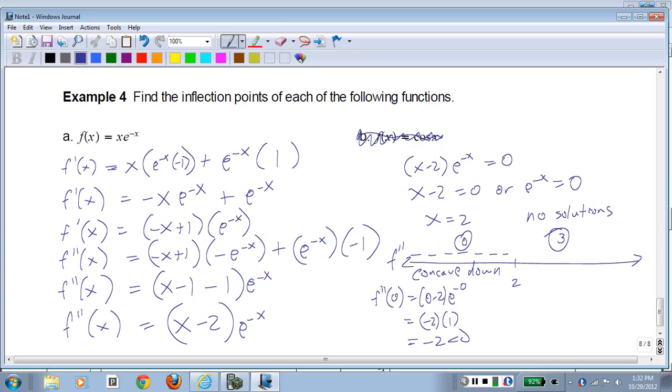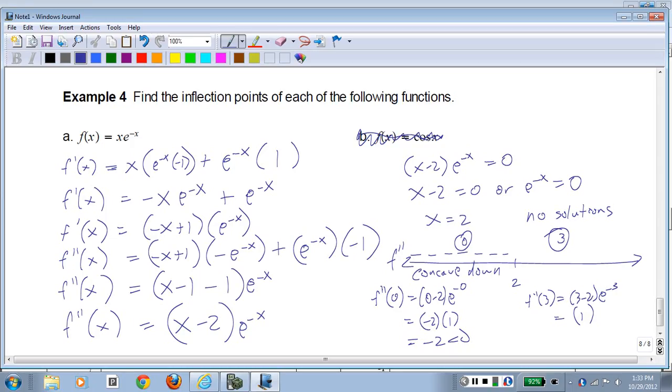Now the 3. f double prime of 3 is 3 minus 2 times e to the negative 3. And it's going to be 1 times, well, here's the thing. The function e to the x has all positive real numbers in its range.